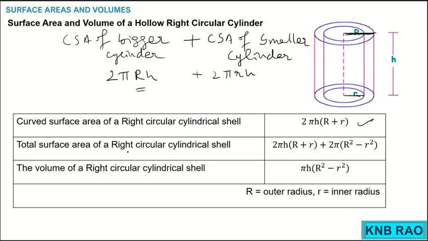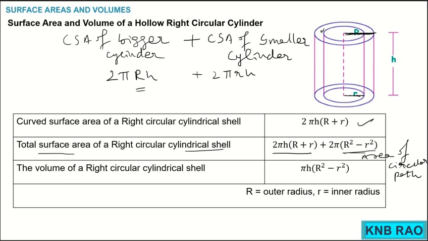Now TSA of this cylindrical shell is CSA plus the area of these circular paths. You have learnt the area of a circular path in class 7th. Area of a circular path means area of the bigger circle minus area of the smaller circle.